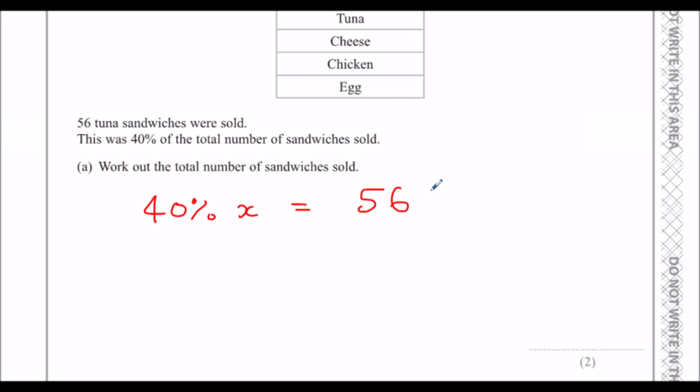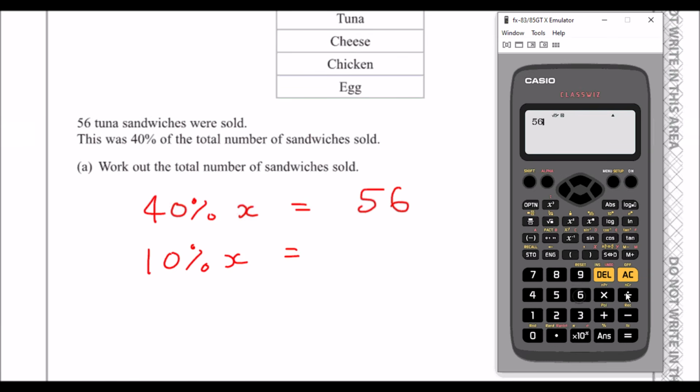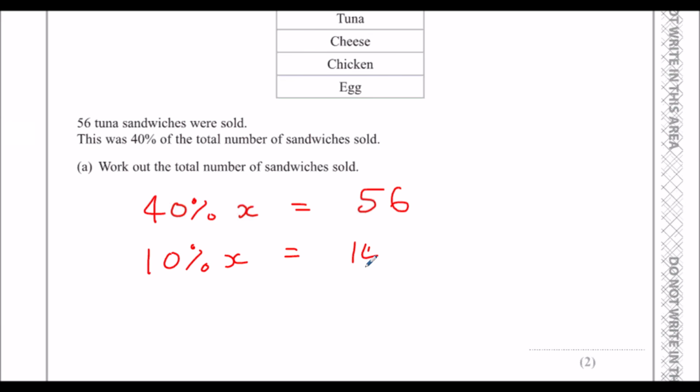So if we divide by 4, we'll find 10%. So divide 56 by 4 is 14. And then times both sides by 10, that's 140.